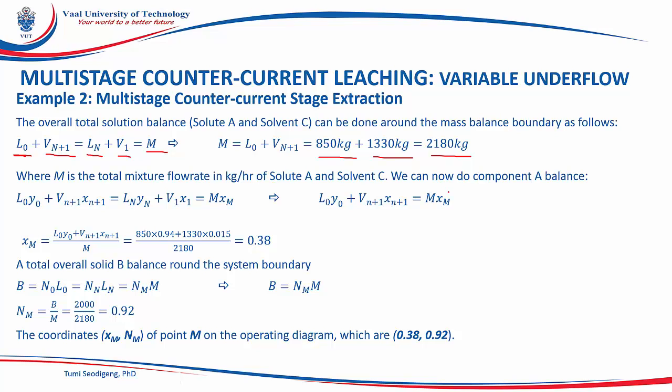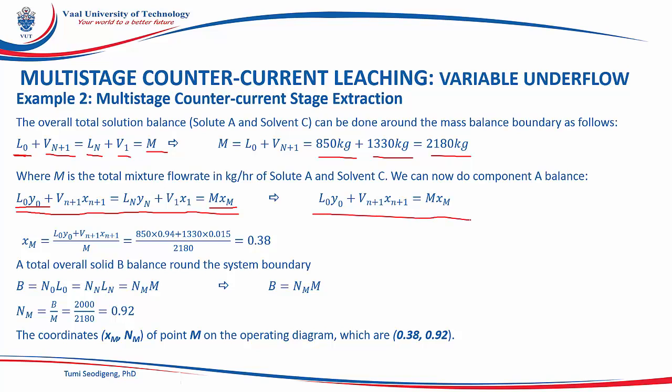The next point is we can do a component balance on A to determine the composition of point M. We use the very same equation, but now in the component balance format, where we find the mass flow of component A in the incoming entrained slurry solution, and the mass flow rate of component A in the incoming fresh feed solution, which will give you the total mass flow rate multiplied by the fraction of component A in the M flow rate.